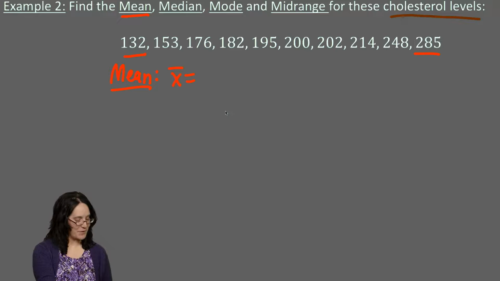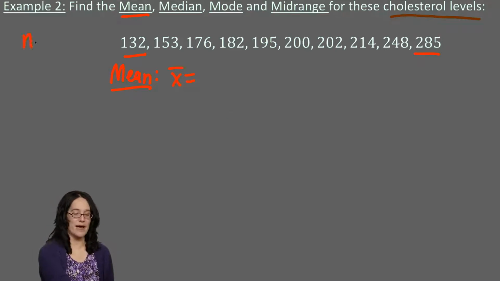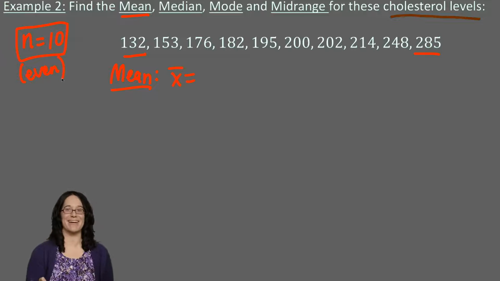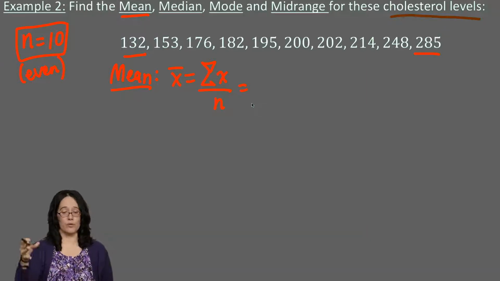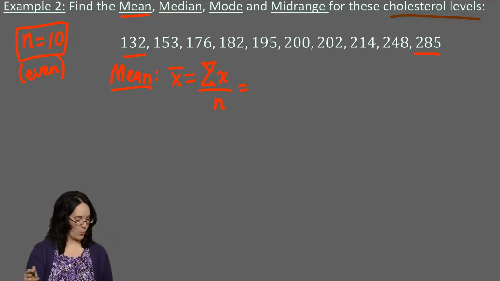Okay, so when you found the mean here, what did you do? Well, hopefully you noticed that there were 10 items in the data set. N is 10, which is even again. So we're kind of a pro at what that means now, okay? And then what do we do next? That's right, we added up all of our data values and divided by N. So when you did that, 132 plus 153 plus 176, 182, 195, 200, 202, 214, 248, 285, did you get 1987?